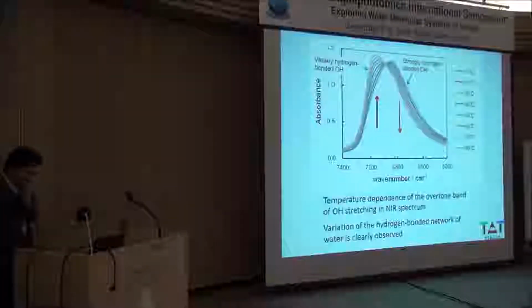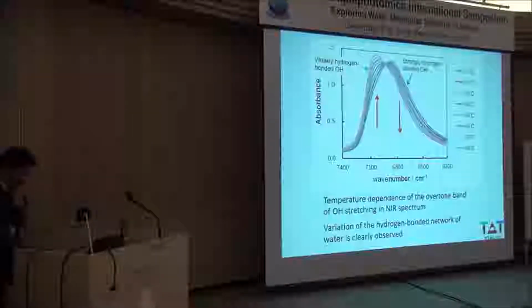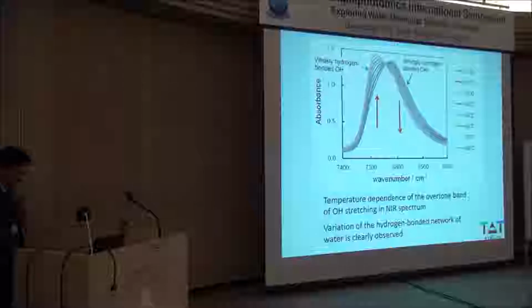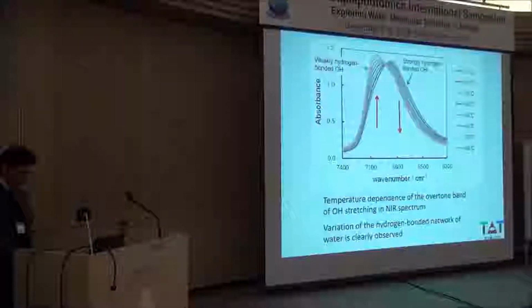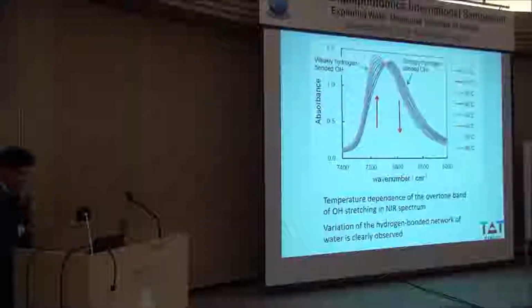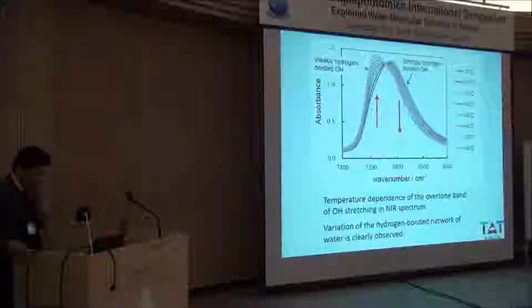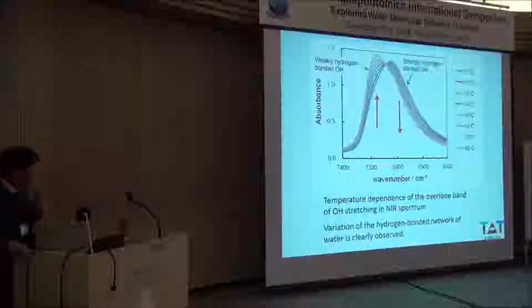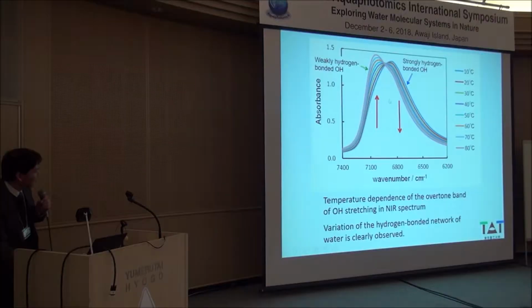For example, many of you are very familiar with this picture: the temperature dependence of the overtone band of OH stretching in the near-infrared spectrum. As the temperature rises, the spectral component in the lower wave number region decreases, while the component in the higher wave number region increases.